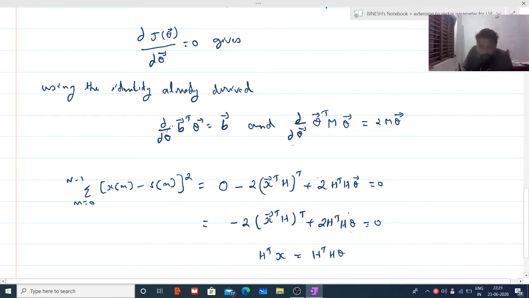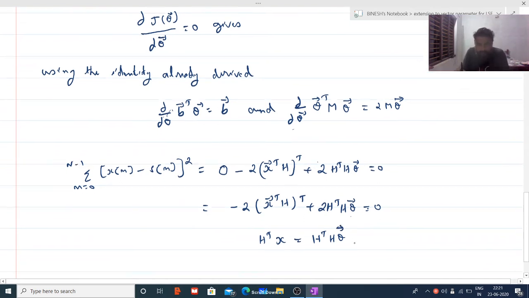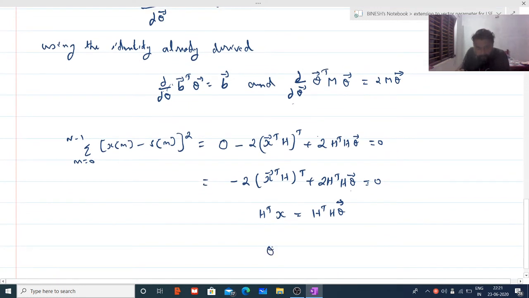It's clear? Okay. So I am just bringing the other term to the other side. So this changes to theta cap, which is nothing but H transpose H divided by H transpose into X. Sorry, it is wrong. It is the other way around.